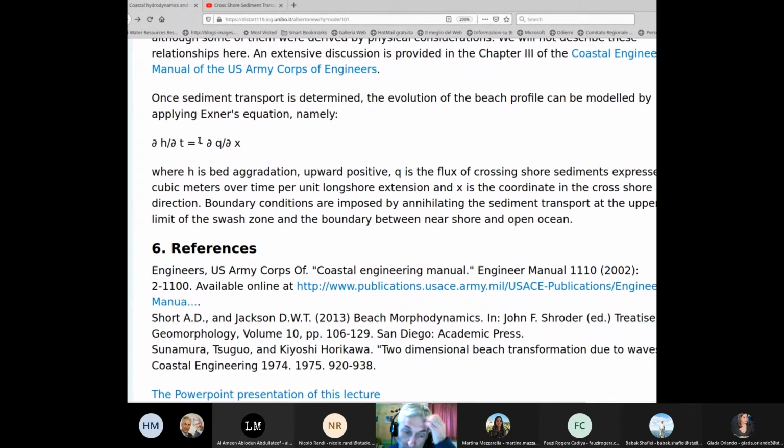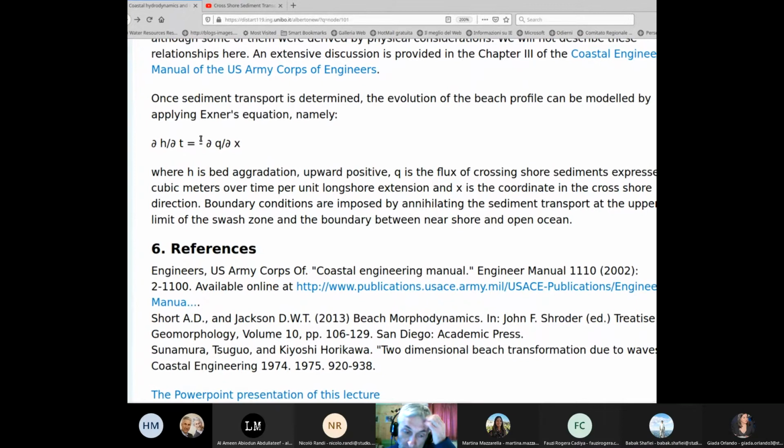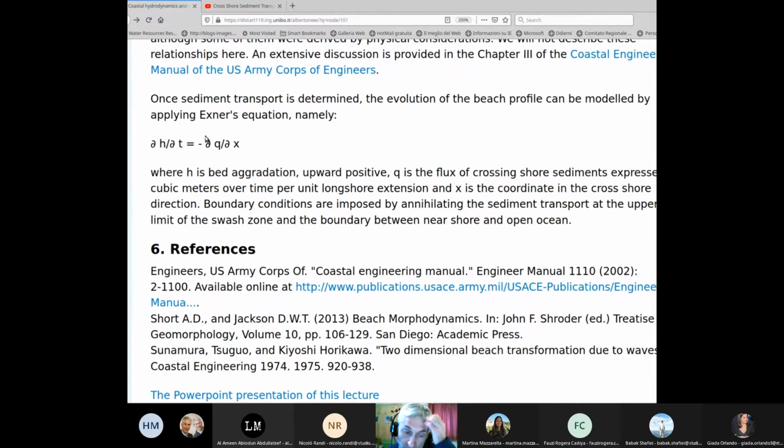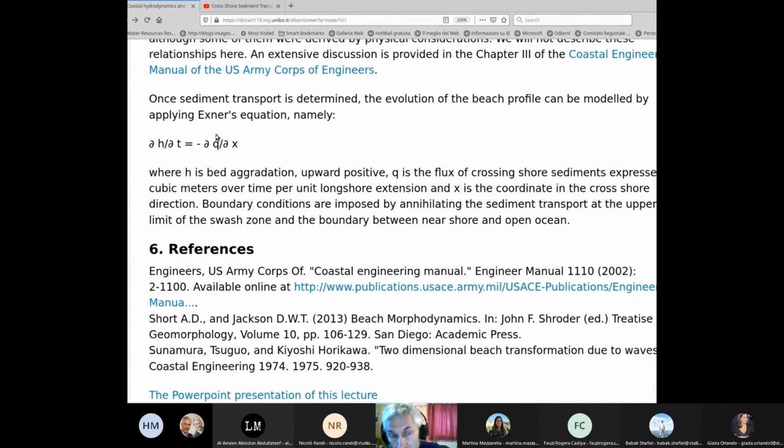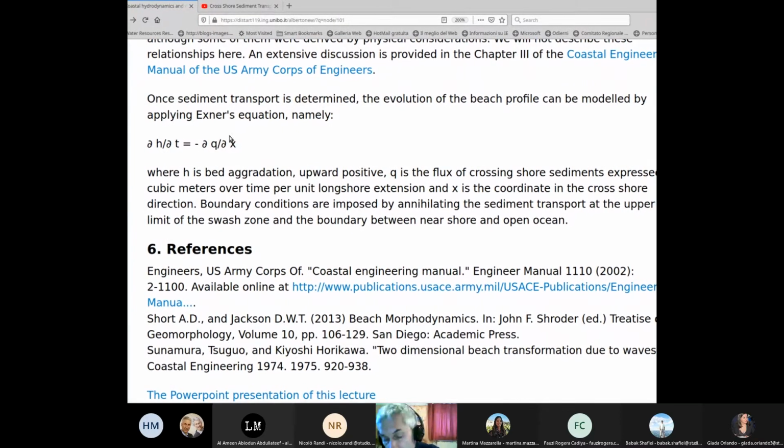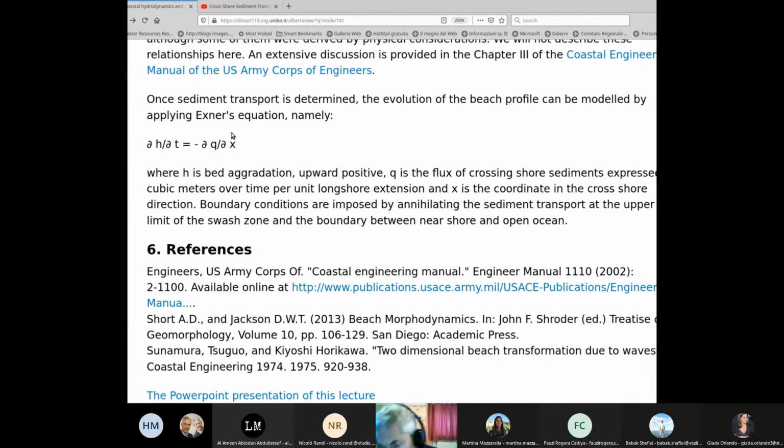It's like, in fluid dynamics, the Navier-Stokes equation. These are equations that are very well known. They represent, in a way, pillars in the theory, in this case, of morphodynamics of beaches and rivers.